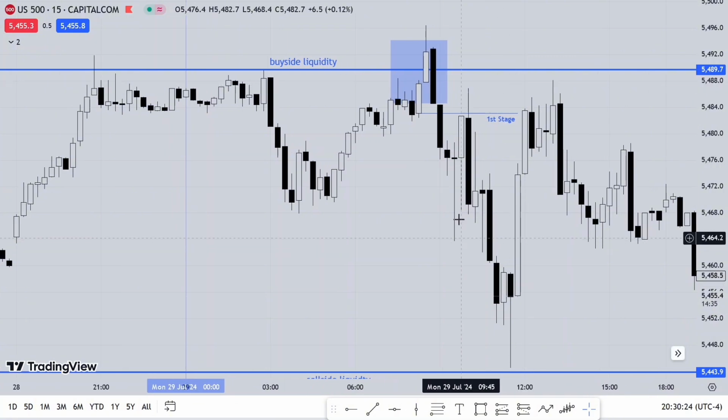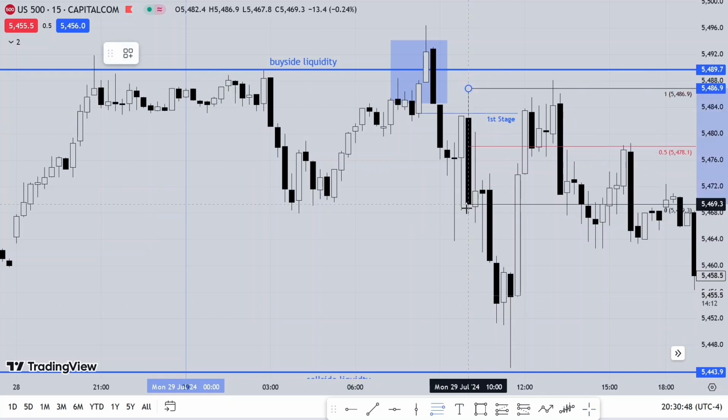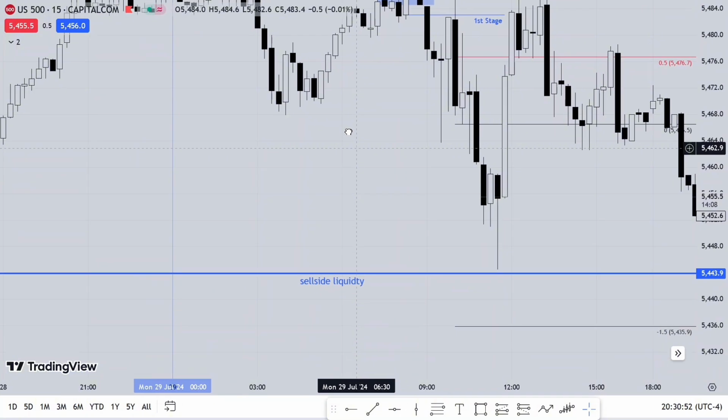Price drops lower from this candle, this is the opening price here, and then price drops lower and makes a swing low here. When you anchor your Fibonacci from this swing high to this swing low, you have something like this.